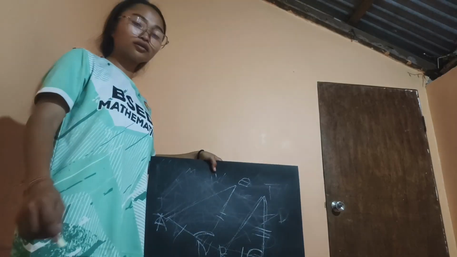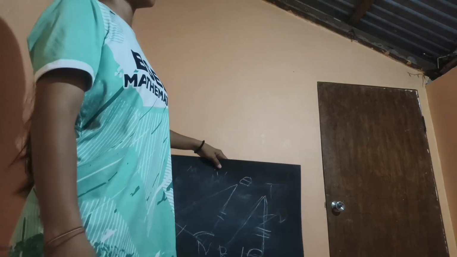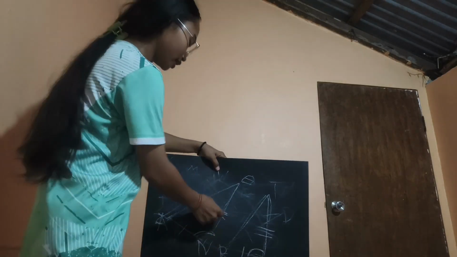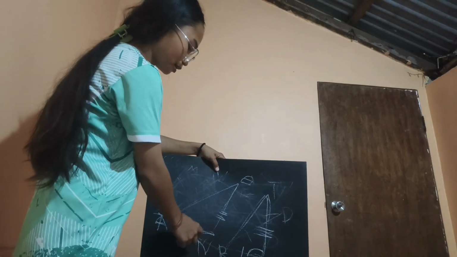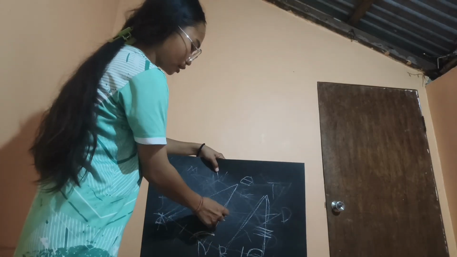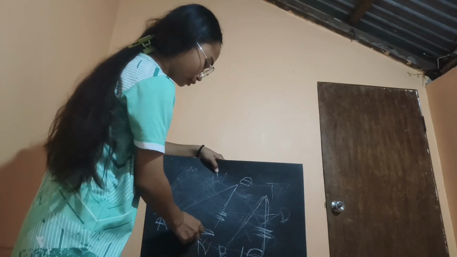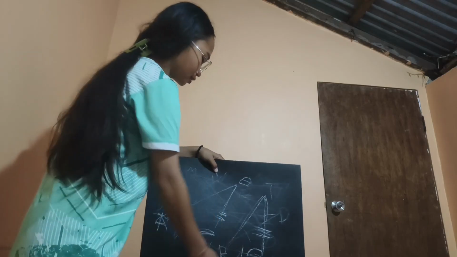This is what we call the SAS postulate, which is the side, they have the same side, then they have the same angle. The sides, angle, and the sides.